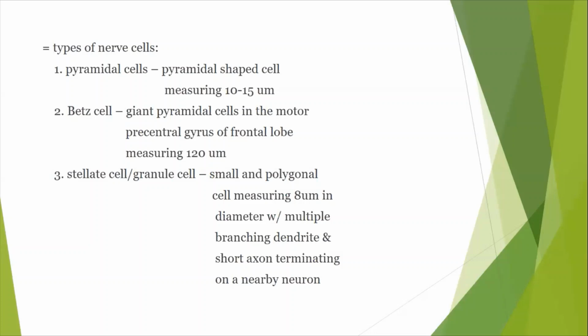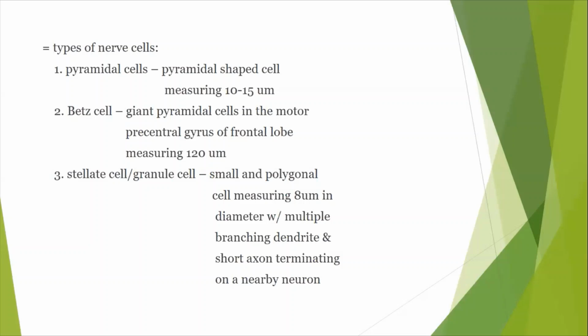They are in the motor precentral gyrus of the frontal lobe, measuring 120 angstrom. So it is many times larger than the common pyramidal cells.